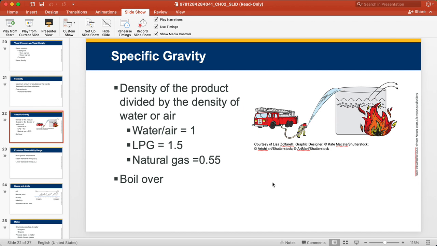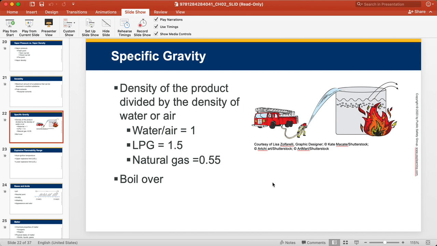Mercury is a very heavy liquid metal, and it will automatically drop to the bottom of water. Gasoline is also a liquid, and it is very light, and because of its molecular makeup, it will float on the surface of water. So water is specific gravity, and vapor density is air. Air is equal to 1.